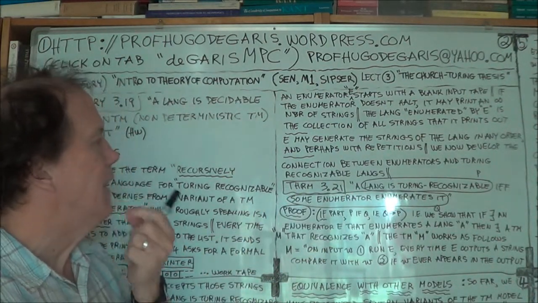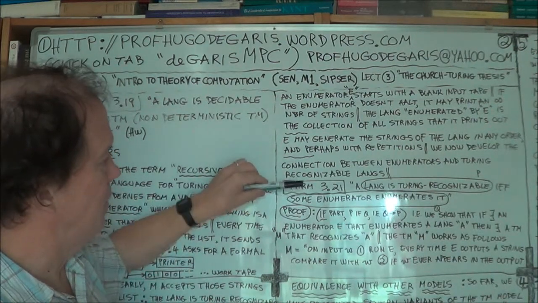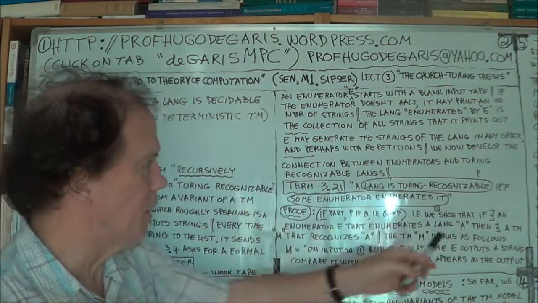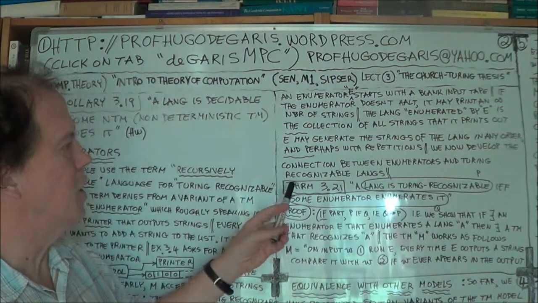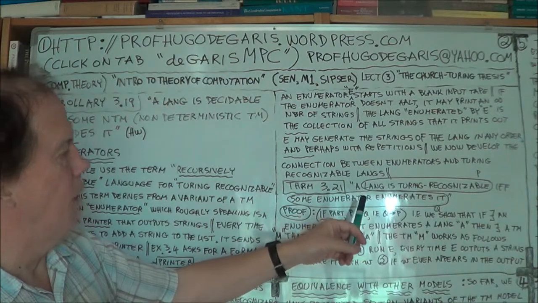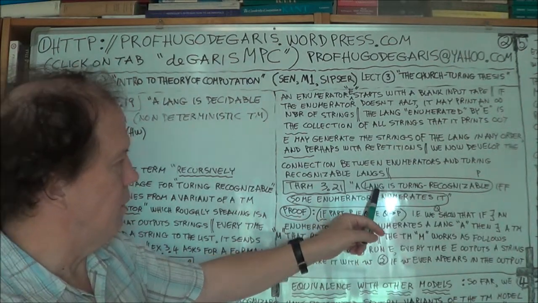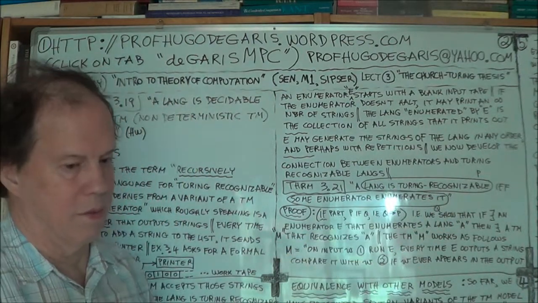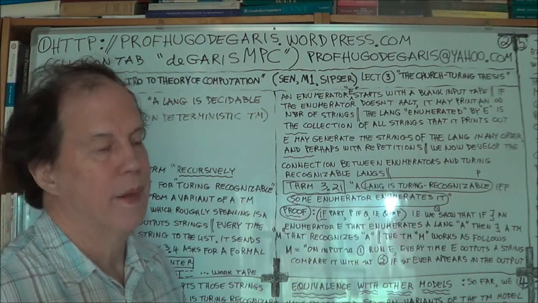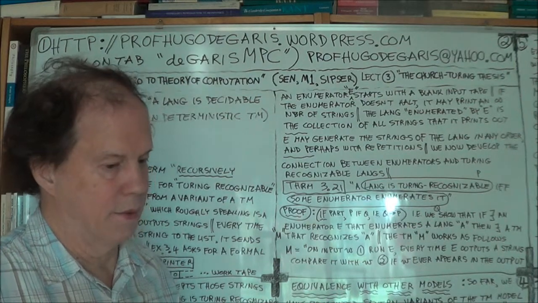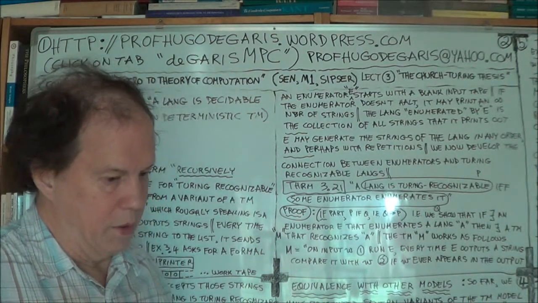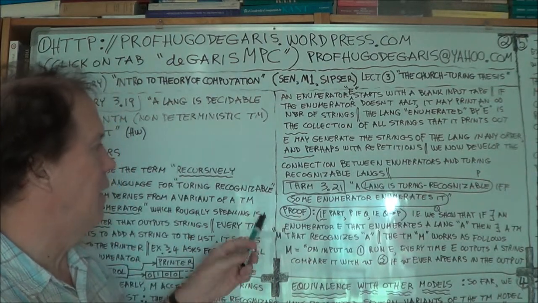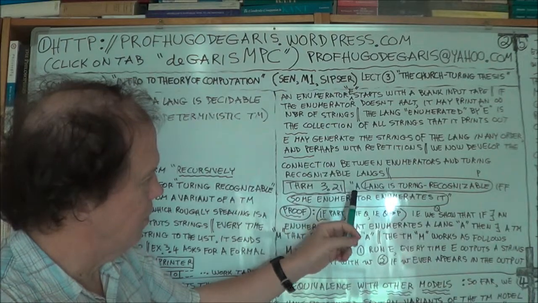Anyway, here's a theorem. It makes a connection, once again, of the if and only if type, between a Turing recognizable language, recognized by a conventional Turing machine, call it M, which accepts the strings of the language, and enumerators.